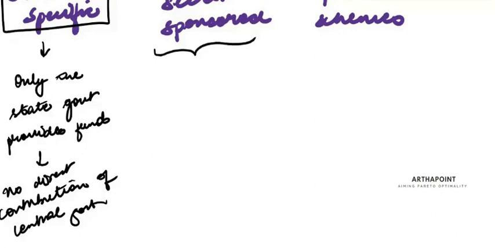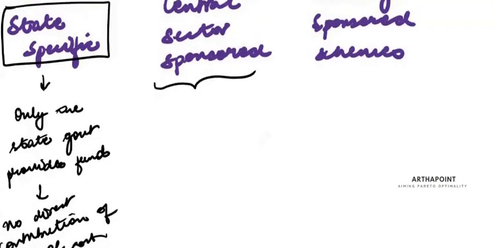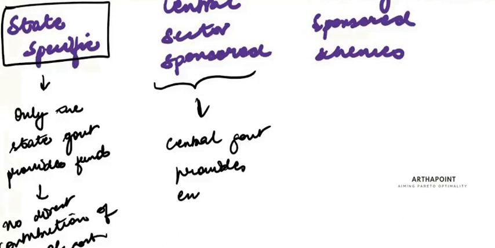The other is called central sector schemes. As the word suggests, these are those schemes for which the central government provides entire funds.